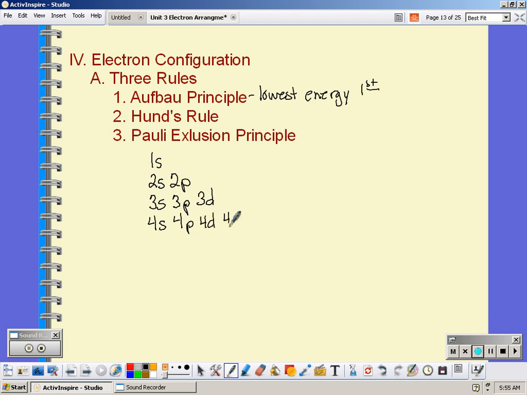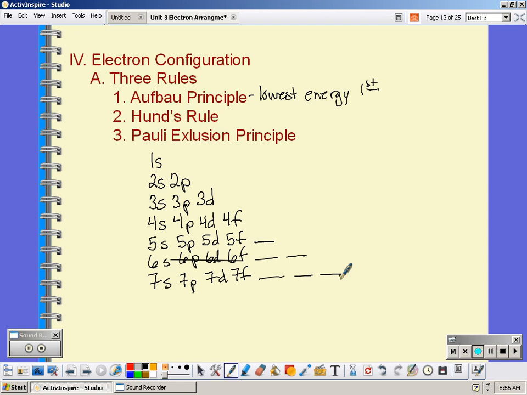The fifth has 5, s, p, d, f, and then one that I don't need to know. 6 has 6, s, p, d, f, and 2 more that I don't need to know. And then 7 has 7, s, p, d, f, and then 3 more that I don't need to know.